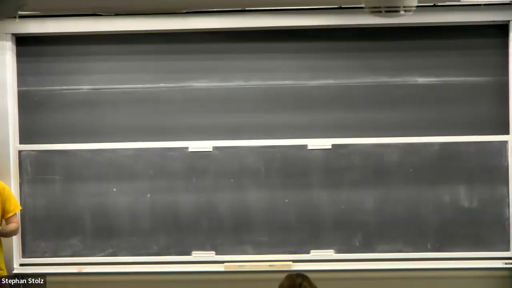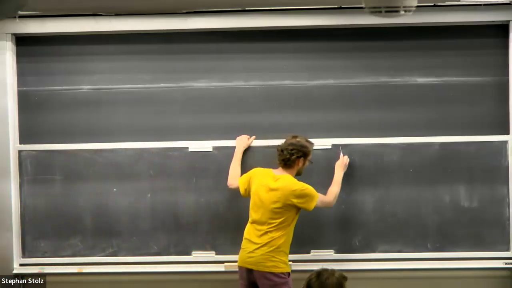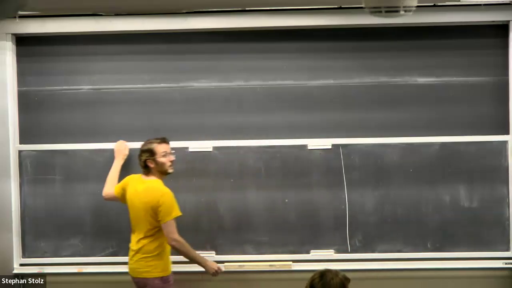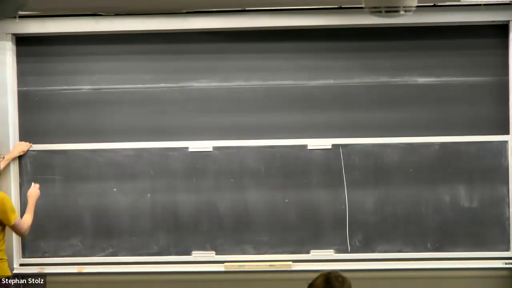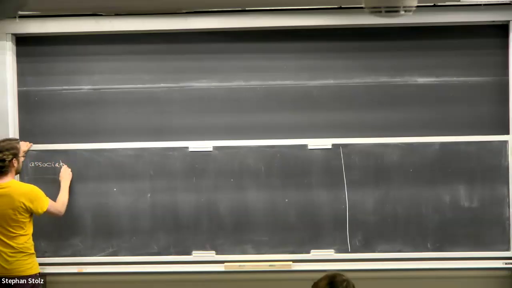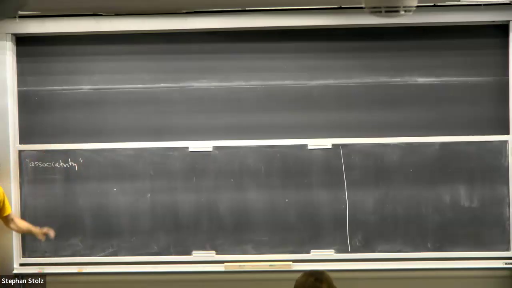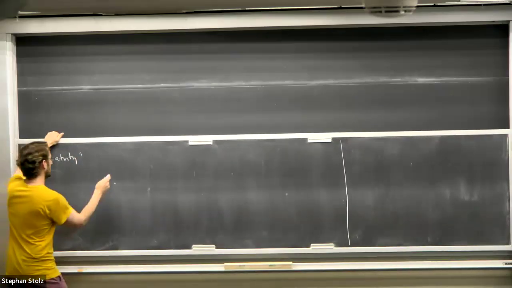I don't want to write them out technically, mostly because it becomes a little long-winded. I think it's just as easy and clear to explain by an example. It's going to satisfy a kind of associativity condition. So I'm going to draw a picture.